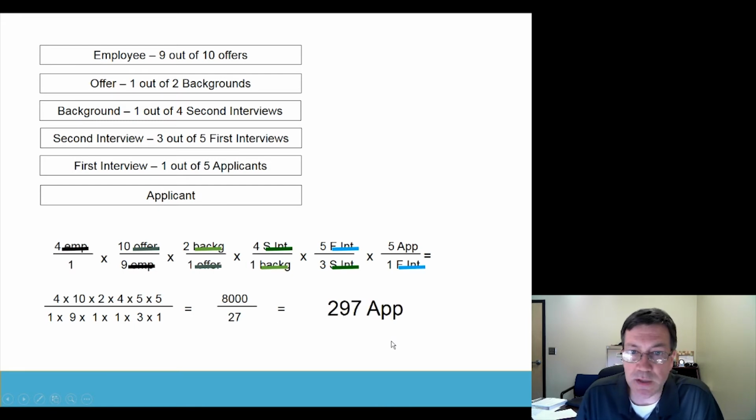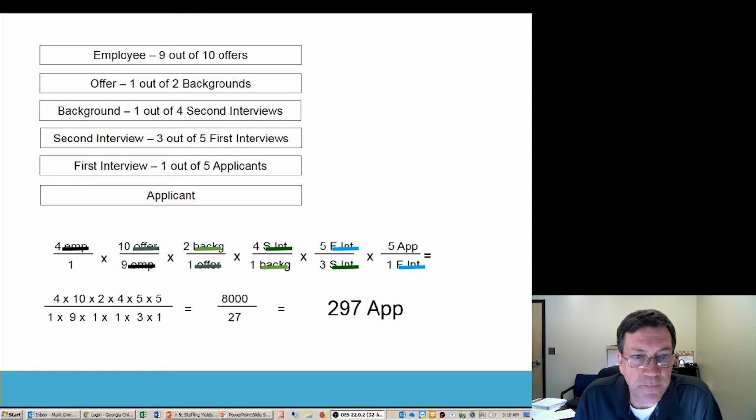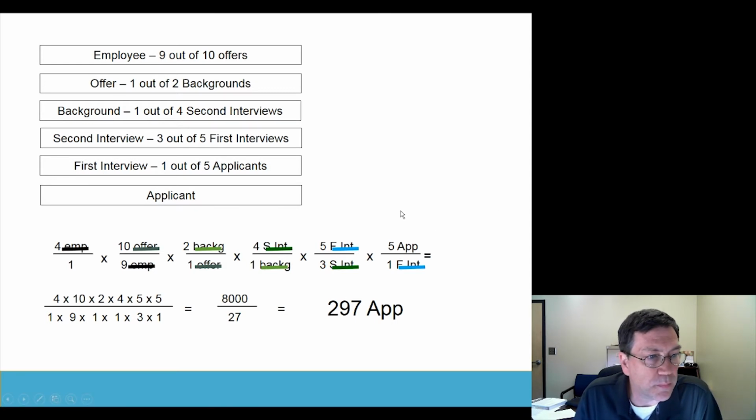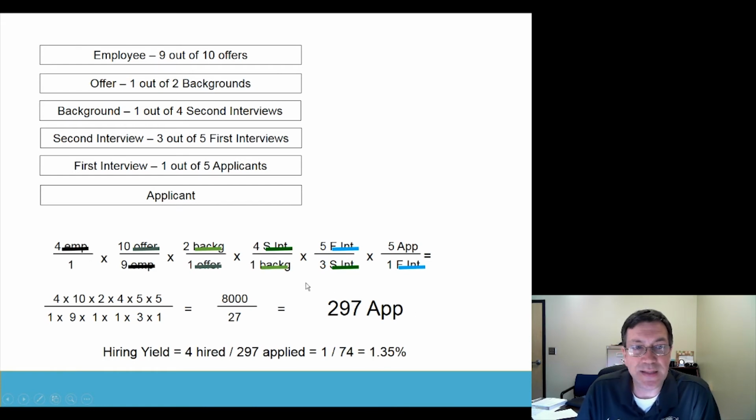Well, that's interesting because on the last slide, when we worked through it, you remember out here, taking a number divided by 0.25, divided by 0.8, whatever, we came up with 297 at the bottom. So we've gotten the same answer twice. 297 applicants is what we need if we want to end up with 4 employees. That's the individual staffing yields here.